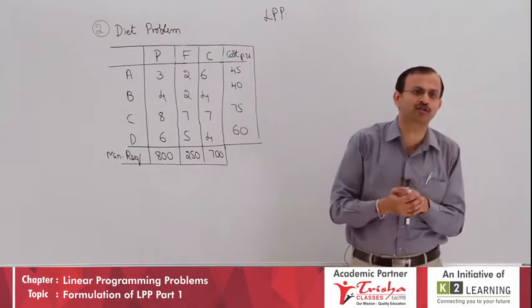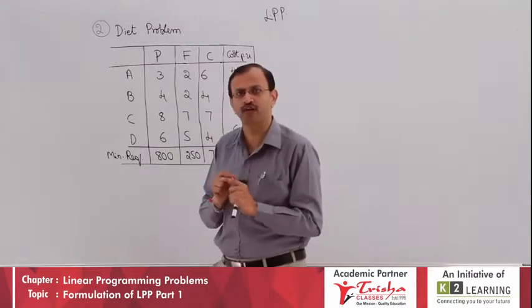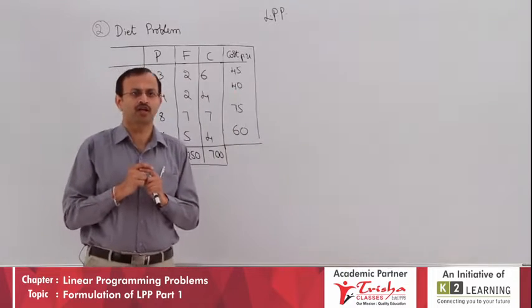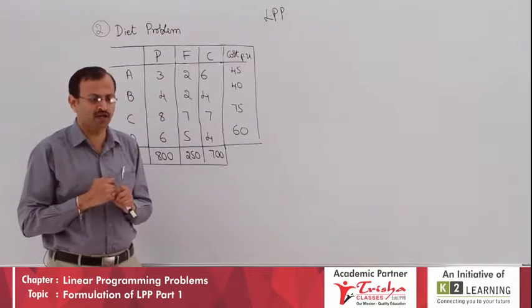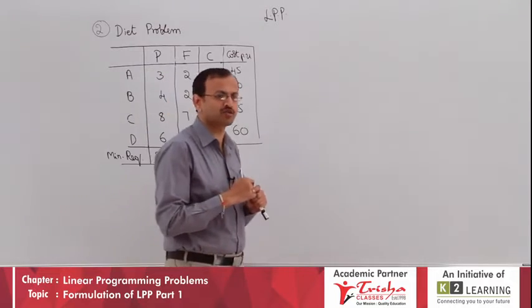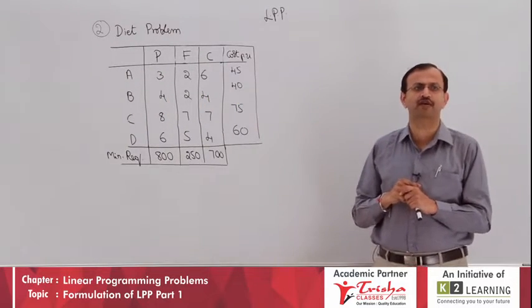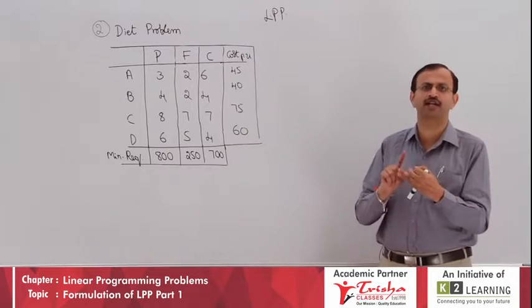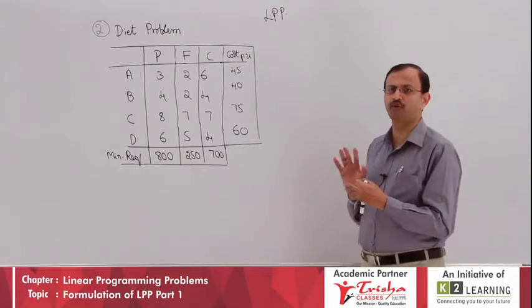Let us re-look into the question before solving. A person wants to decide, all of you refer to problem 2, refer to the relevant page, problem 2 LPP. A person wants to decide the constituents of a diet which will fulfill his daily requirements of proteins, carbohydrates, fats at minimum cost.